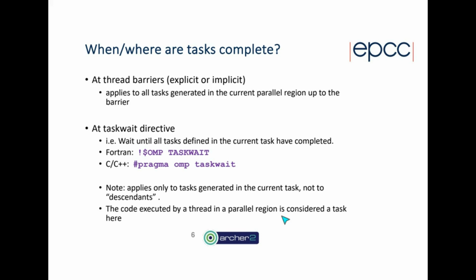The block of code that a thread executes inside a parallel region is actually an implicit task, so it counts as what's meant by the current task in this context. So without nesting, if we call a taskwait, it will wait for all the tasks that have been generated by this thread up to this point.